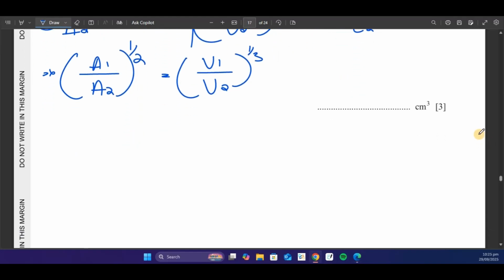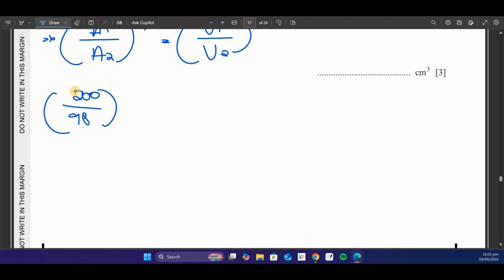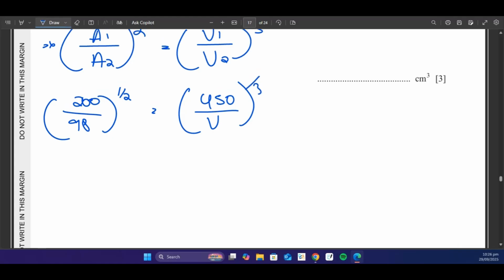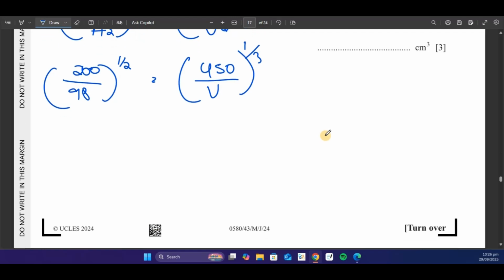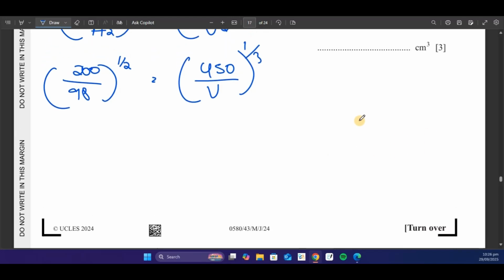Now I need to figure these ratios out. Okay, so we're gonna say that the area 1 and area 2 we already know, right? So we're gonna say 200, alright, over 98, that is to the power 1 over 2, is equal to 450 over, we don't know the volume, to the power 1 over 3. Make sense? Yep, it's correct over here. Now if we want to eliminate the brackets, what we can do is multiply both sides by 3. This would just eliminate this, and we would be left with a much simpler equation, because we don't want any power on v, right?